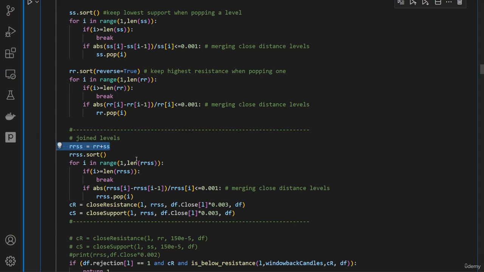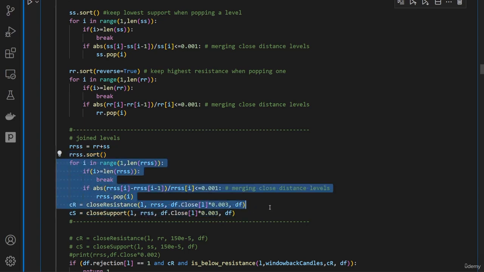So if a support level is broken, it can play a resistance level in some other circumstances and vice versa. This is why I joined the levels into one list. Then I'm sorting the list and I'm doing the merging again, because this time also we might have different levels that are very close to each other. And we don't want to have those redundant levels. It will mess up our algorithm.